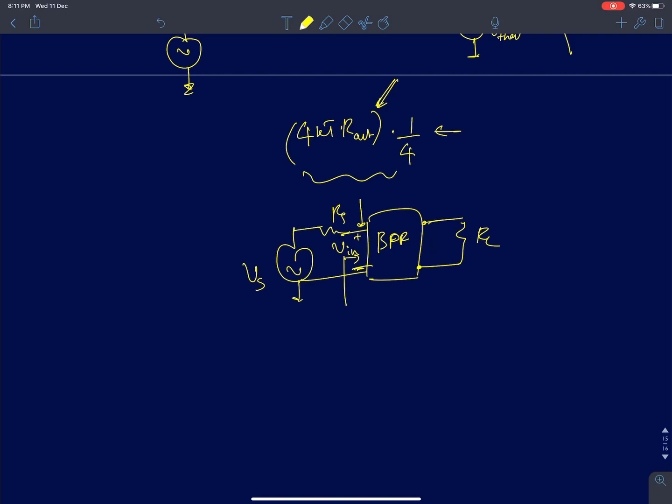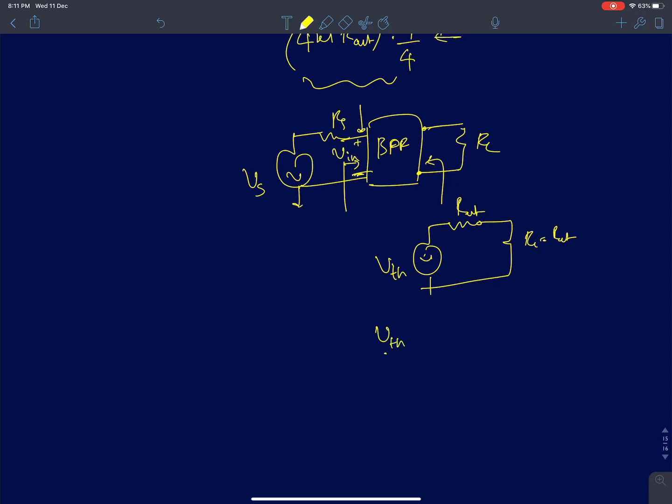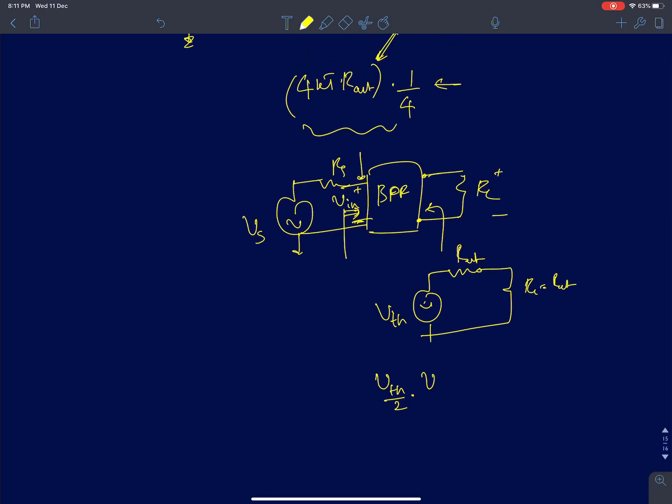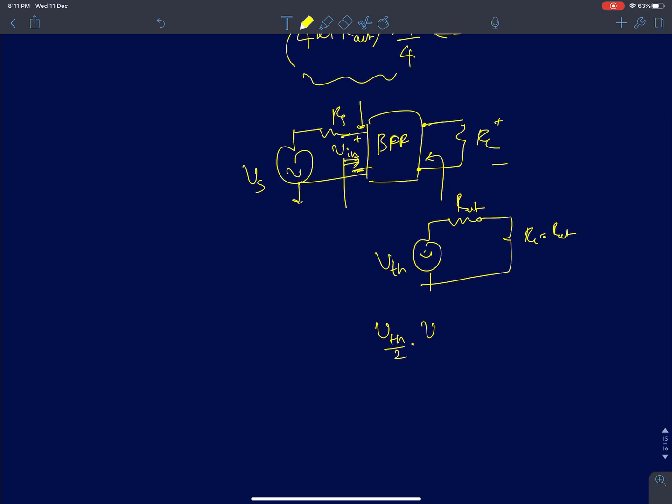So we said we could model the output of the bandpass filter as a Thevenin voltage V_TH and a resistance R_out. I'll assume a matched load right now, R_L equal to R_out. So your V_out is simply going to be V_TH by 2. That's the voltage across the resistance. The voltage at the input of the bandpass filter is simply V_in.